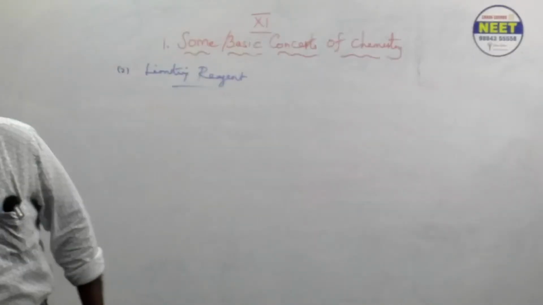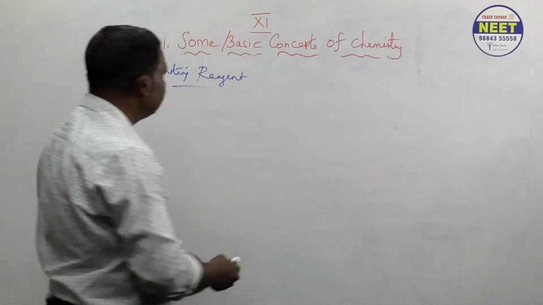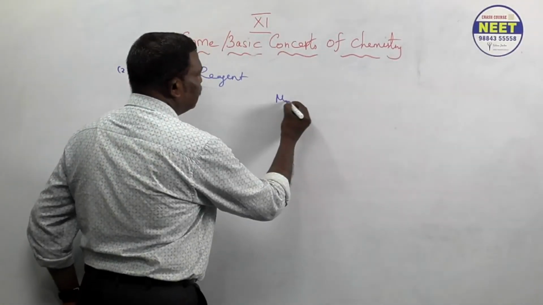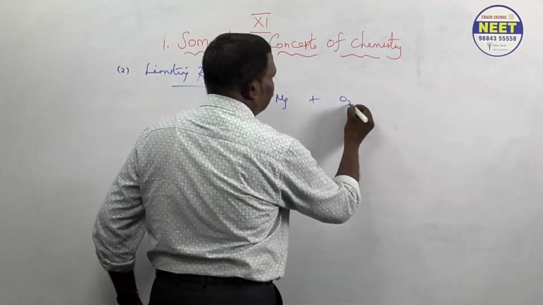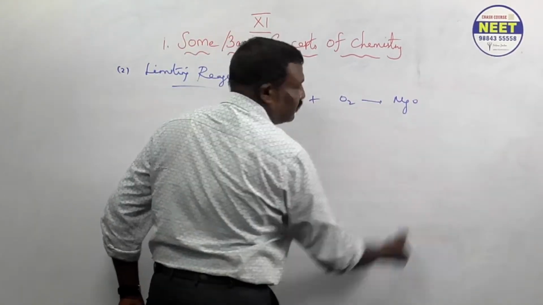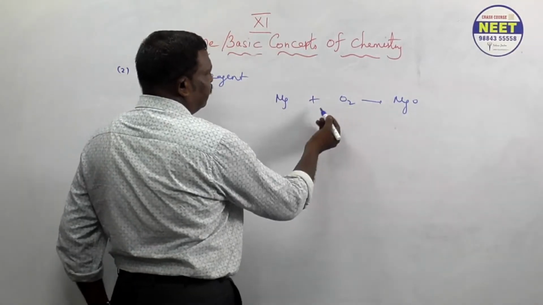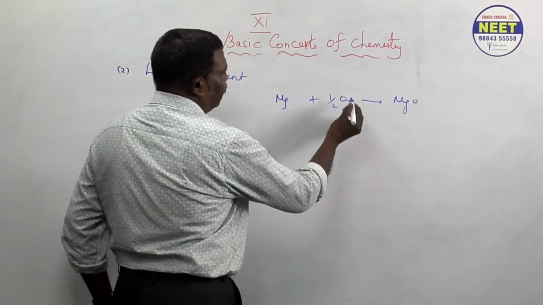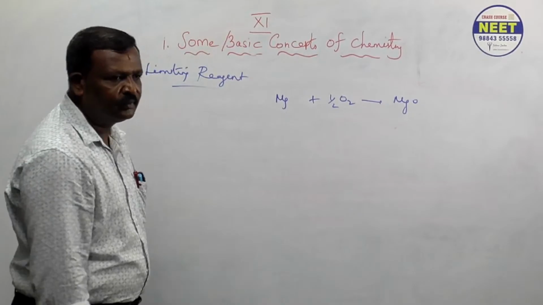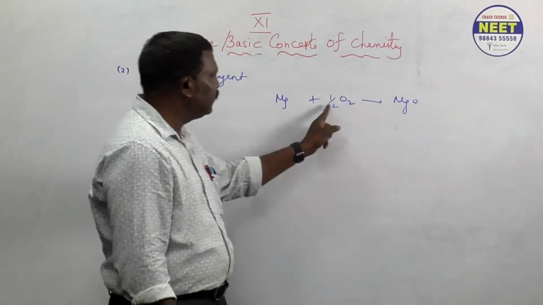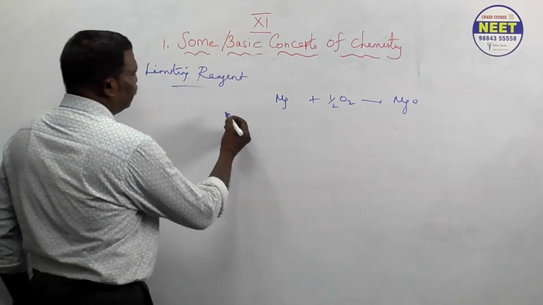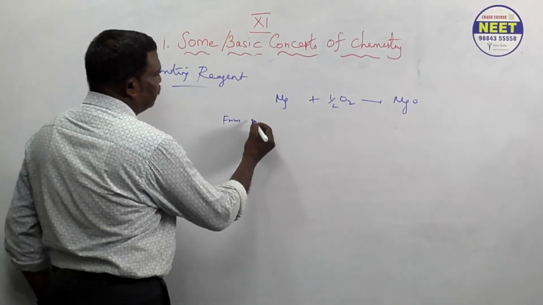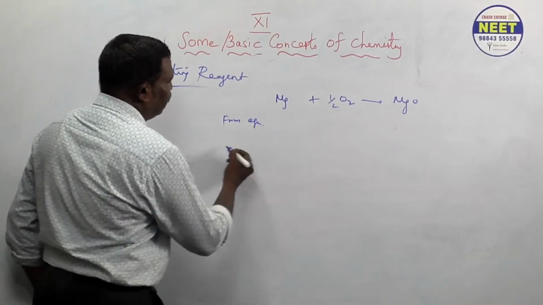Equation, how to frame? Mg plus O2 gives MgO. Understood? Simple. Sometimes we can put it like this, half of O2, meaning one oxygen. Then, as usual, write fast. From the equation, what information?